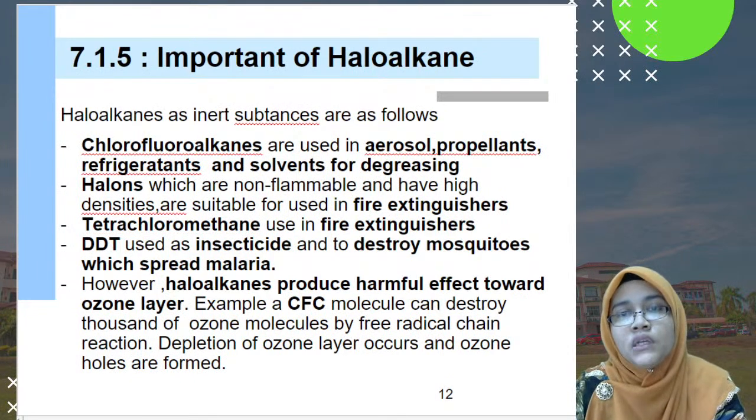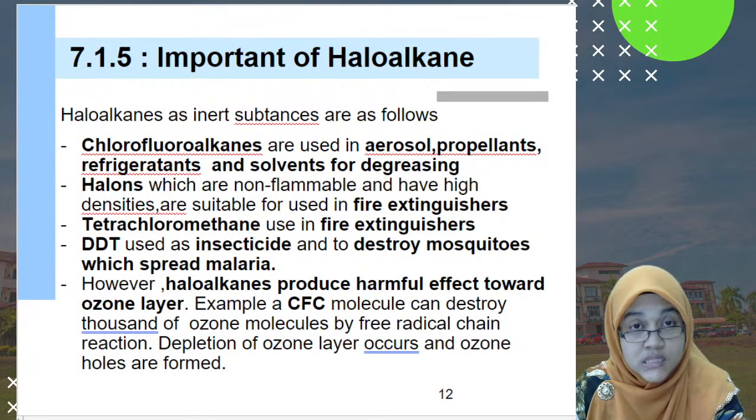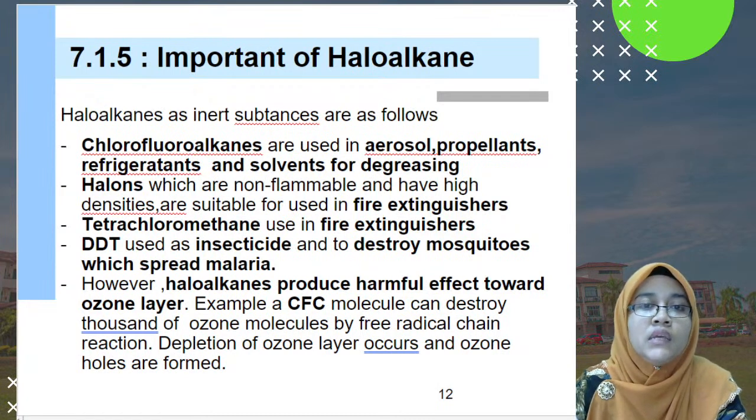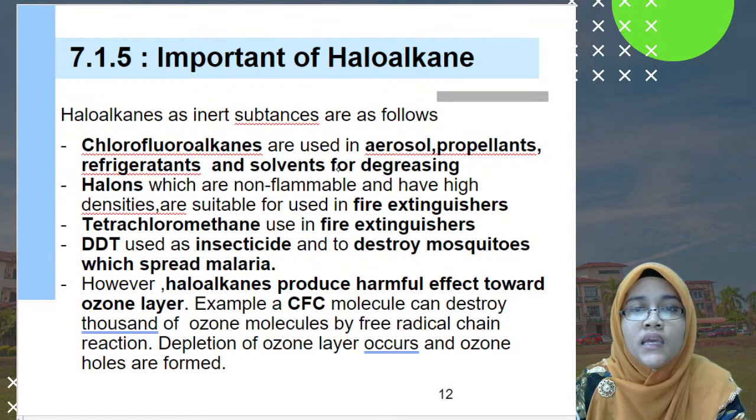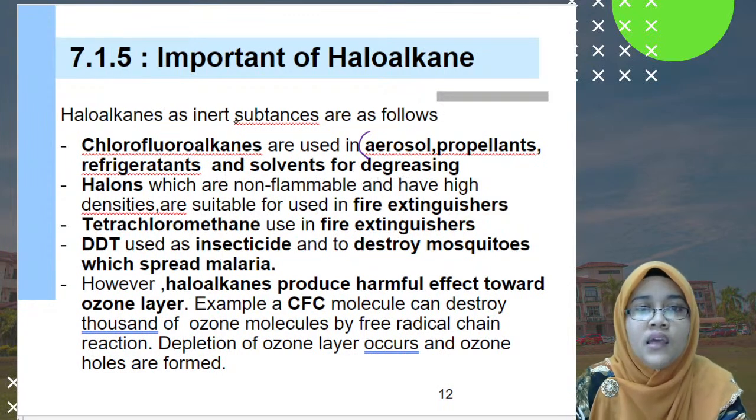So the importance of haloalkane, we are still in chapter 7.1. Haloalkanes are best used for aerosol propellants, refrigerants, and solvents for degreasing. Chlorofluoroalkane means that we have chlorine and fluorine in our alkane.